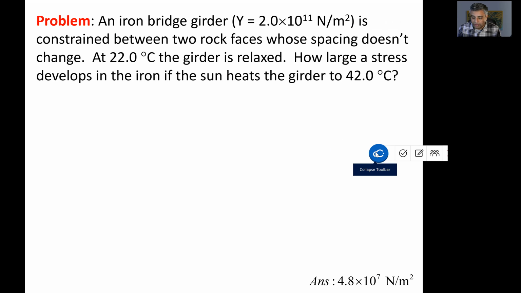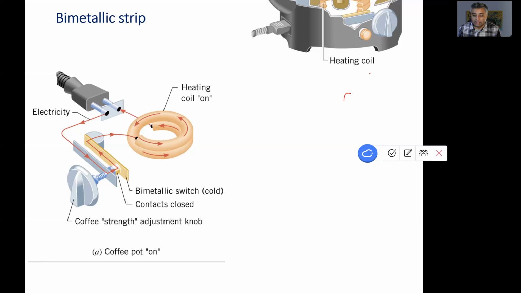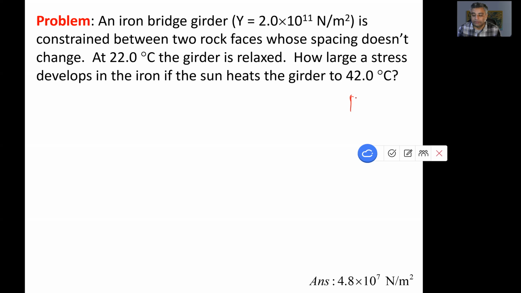So this problem here uses 2 concepts. One concept is elasticity. It's like Hooke's law. Remember Hooke's law? F is negative K times change in length, right? But Hooke's law is for a spring.